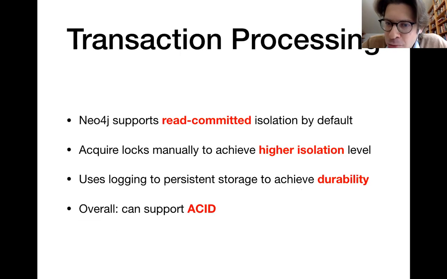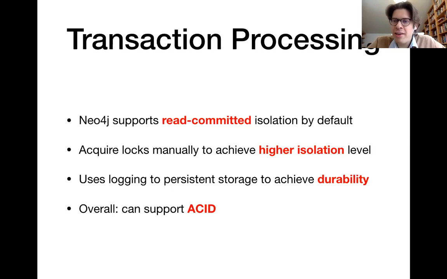We can also process transactions. By default, Neo4j supports read-committed isolation, but you can get higher isolation levels if you manually acquire locks. There are commands for doing that. And also, we have mechanisms to allow recovery by writing log entries to persistent storage.